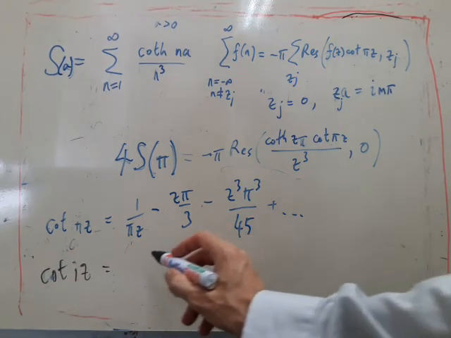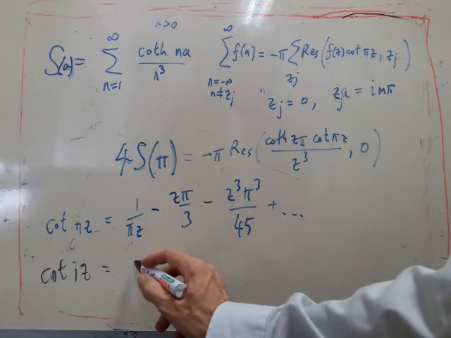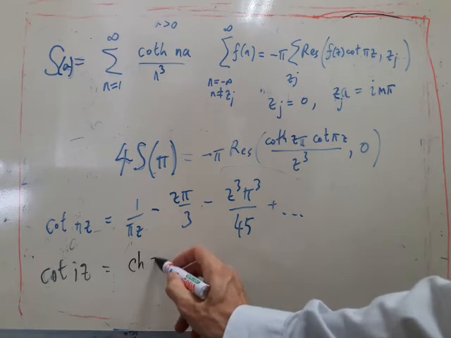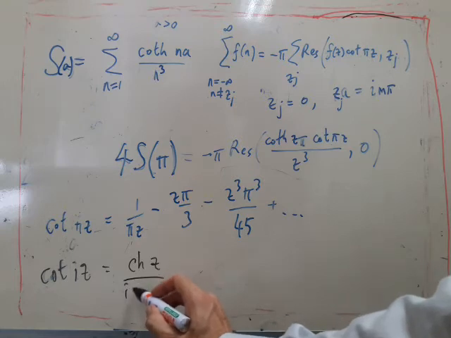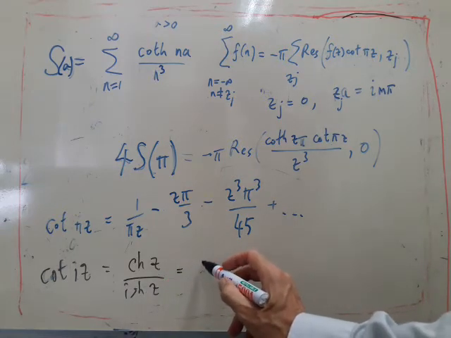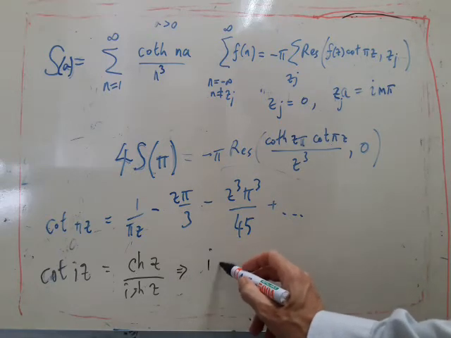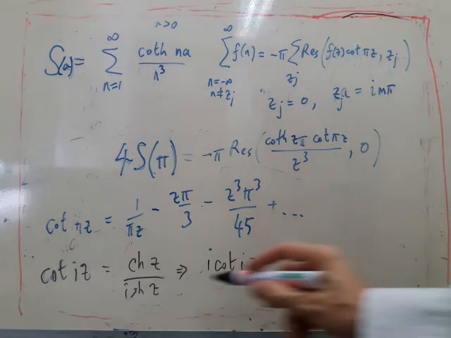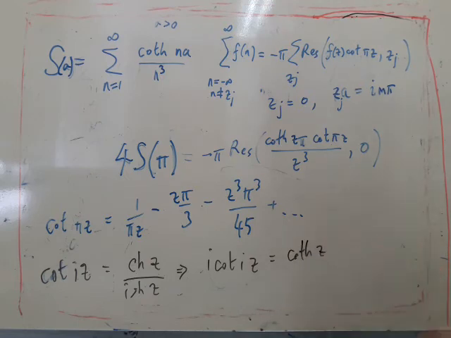iz is, as we just said, cosh z divided by i sinh z. So therefore i times cot iz is equal to coth z.